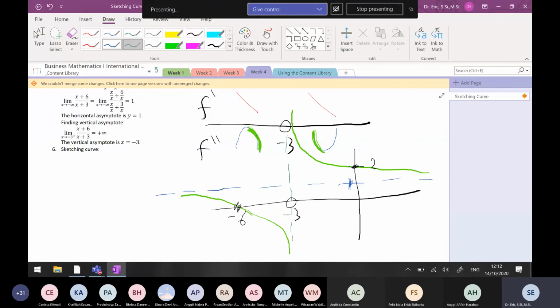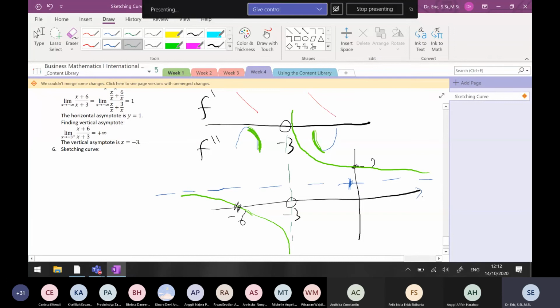This has this kind of curve: decreasing, concave upward, concave downward, and a vertical asymptote. When x goes to -3 from the plus side, it should be plus infinity. From the minus side, you can check this is minus infinity. So this is the graph, the green.